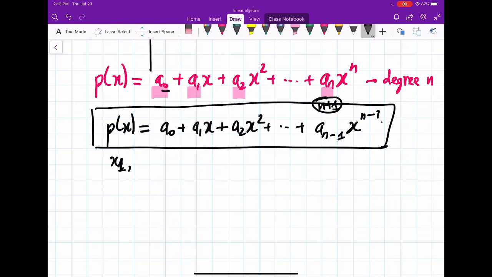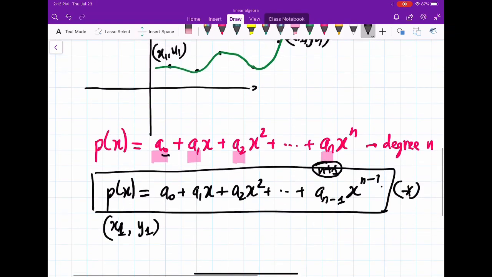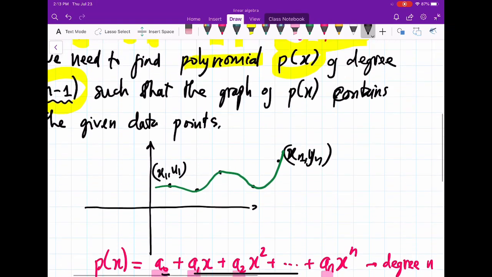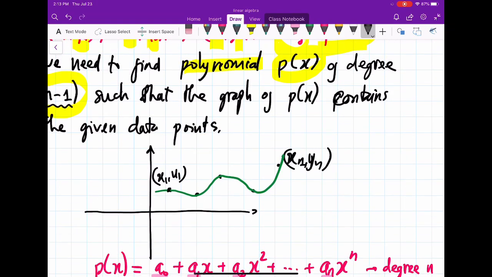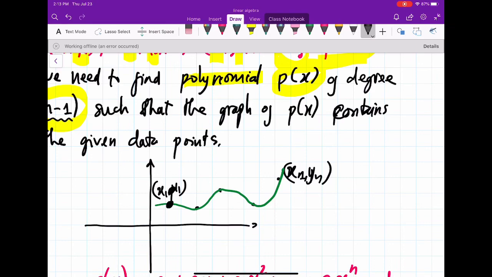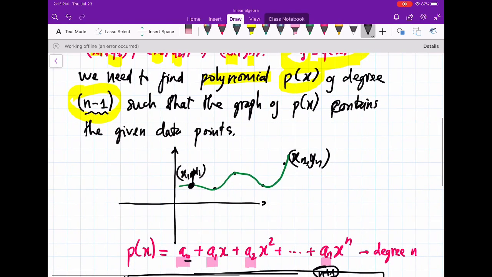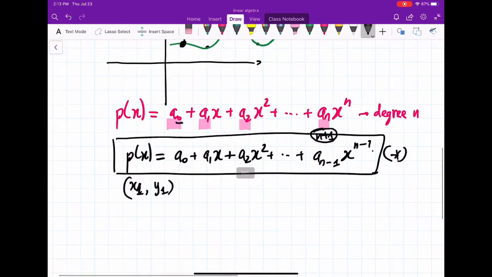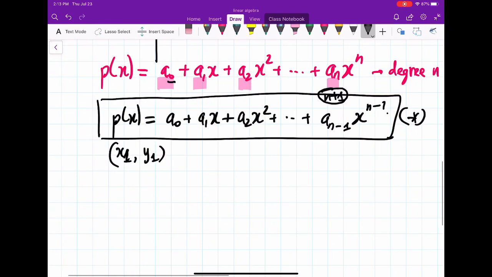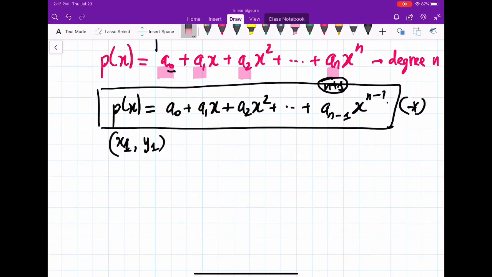I plug x1 and y1 into this equation because x1, y1 satisfies the equation of the polynomial. Why? Because the graph of that polynomial, right, passes through that point. You see? So that means when you plug the coordinates of this point into the equation of the polynomial, you have an identity. So I have the following equation.